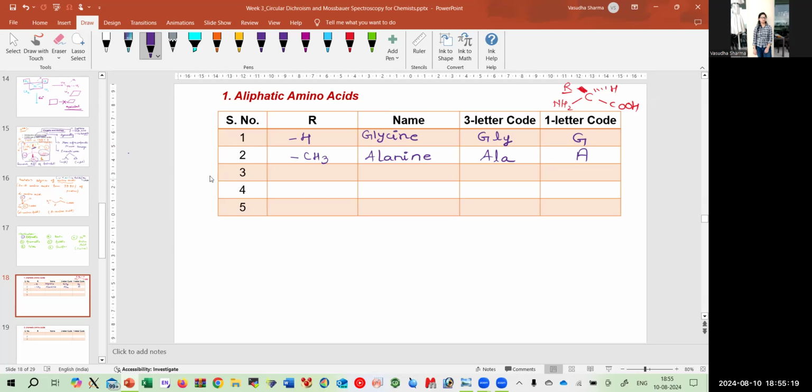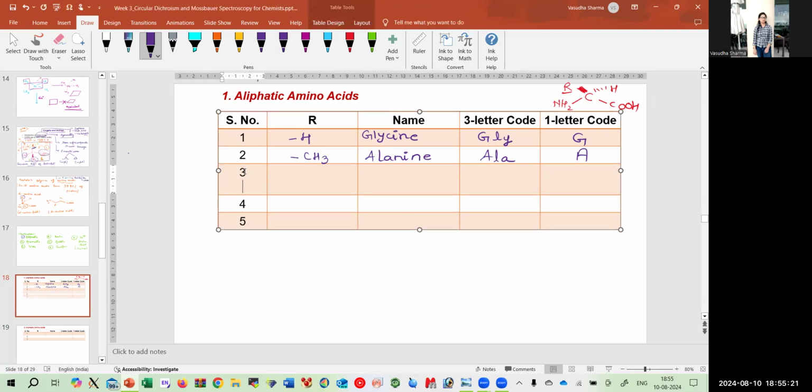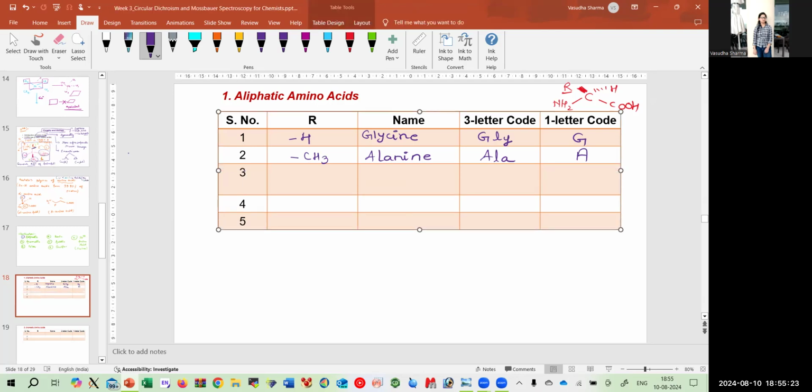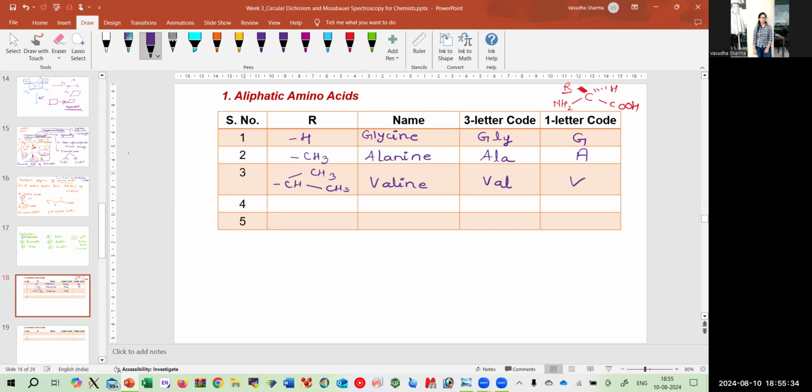Followed by, if we have the isopropyl group, CH with CH3, then it is called valine, VAL, and V.